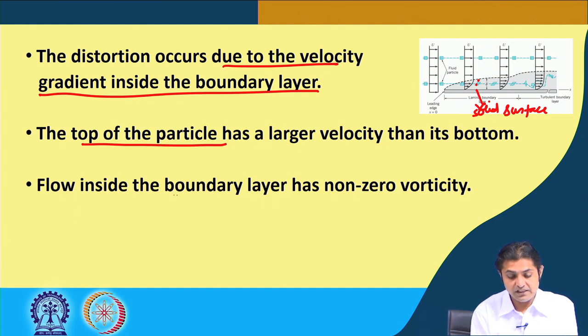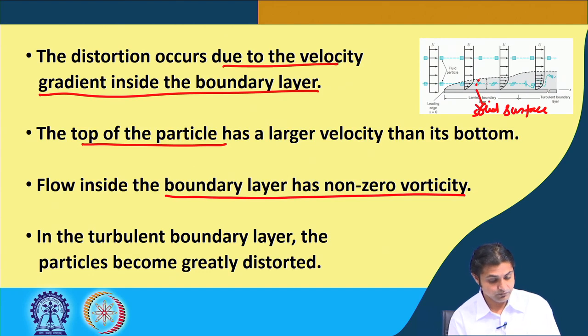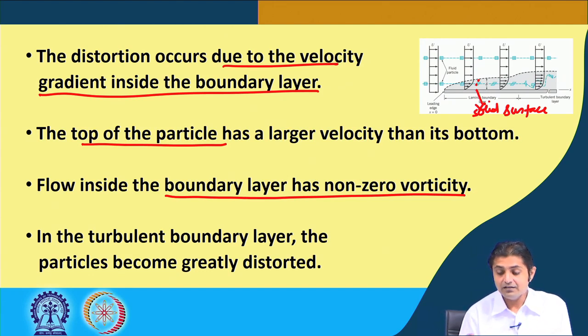Therefore, the flow inside the boundary layer has a non-zero vorticity, because what does vorticity cause? It causes rotation, right, and this is what we see: the fluid particle will rotate, and this happens because of the differential velocity at the top and at the bottom surface.